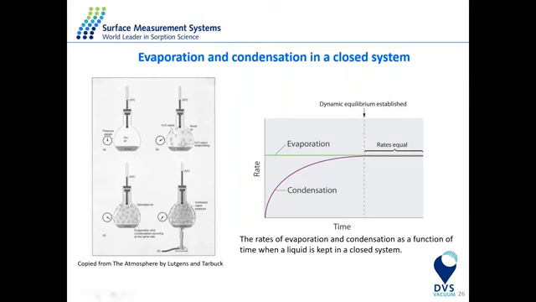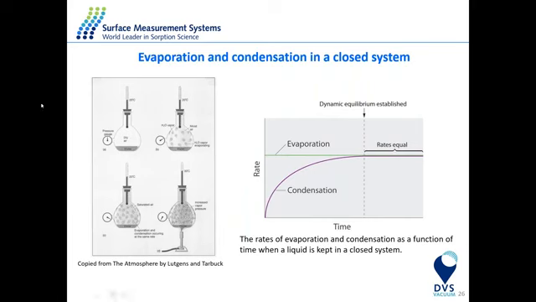We have water molecules escaping from the liquid, and when there is enough evaporation, some of the molecules start to condense. The rate of condensation in this case will be defined by the rate of evaporation. In general, the evaporation will be greater than the rate of condensation for the liquid water.